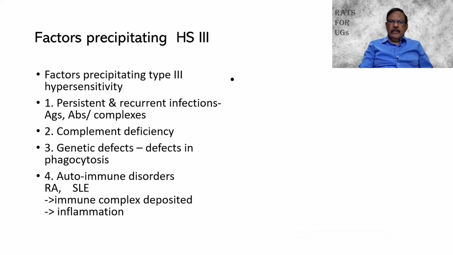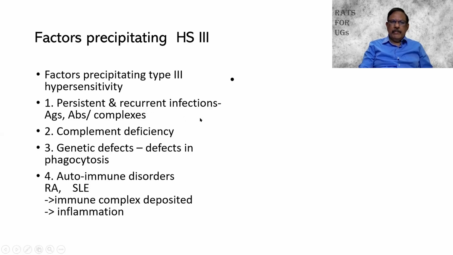Now, what are the factors precipitating type 3 hypersensitivity reaction? You find that there is a persistent and recurrent infection. This leads to antigen-antibody complexes. Sometimes there can be a complement deficiency or genetic defects in phagocytosis.